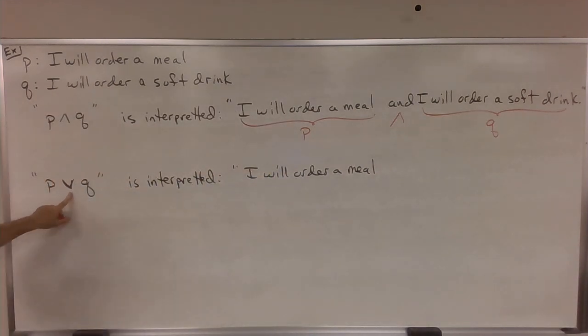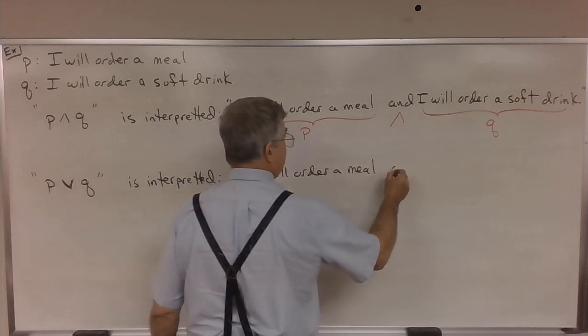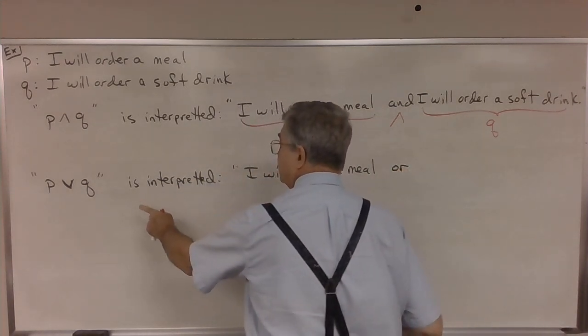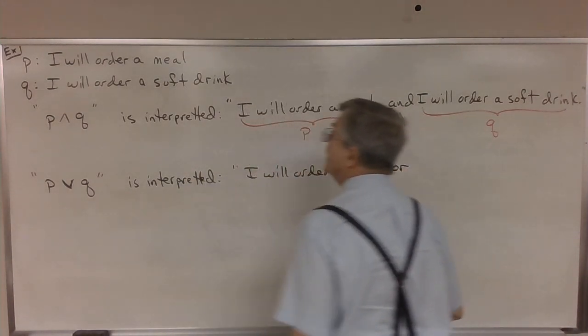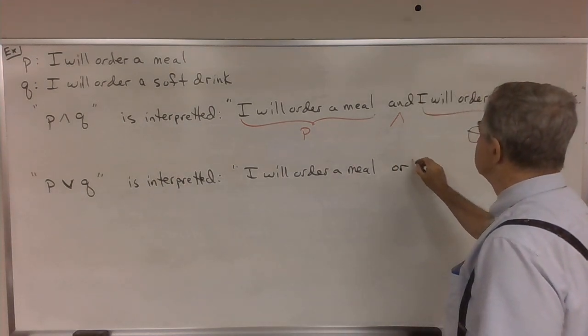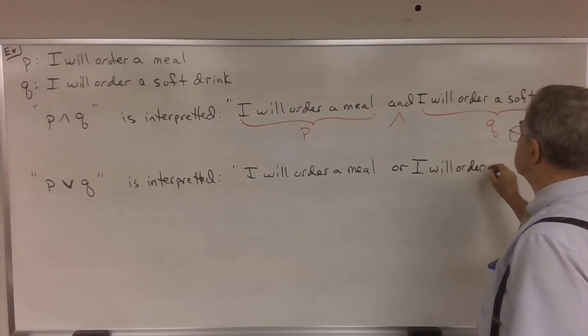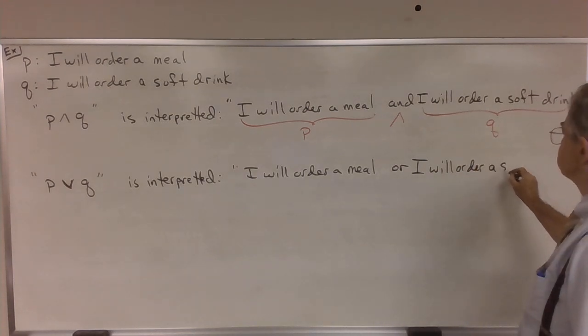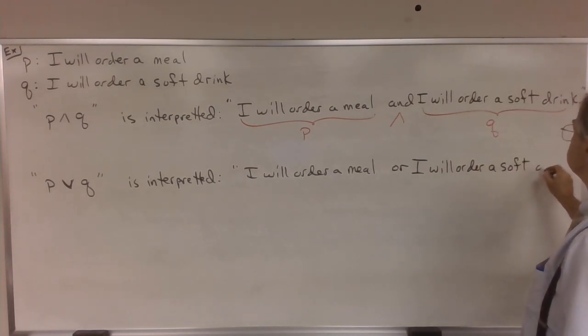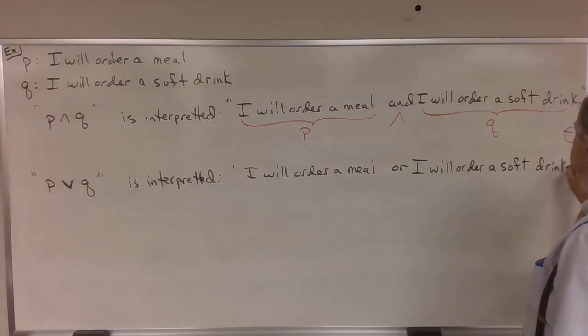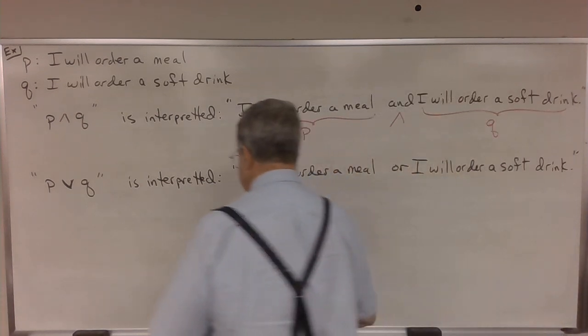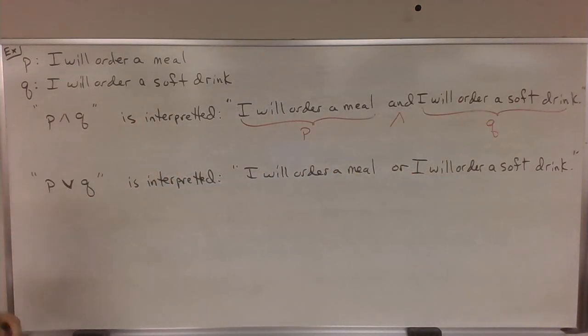This thing is or. And Q, I will order a soft drink. And let me diagram this.